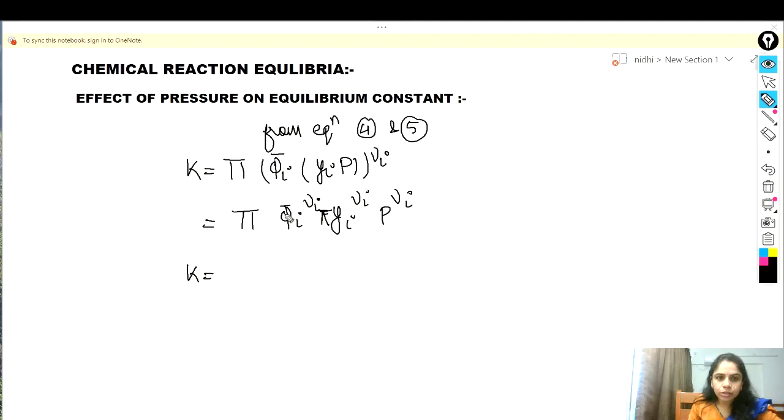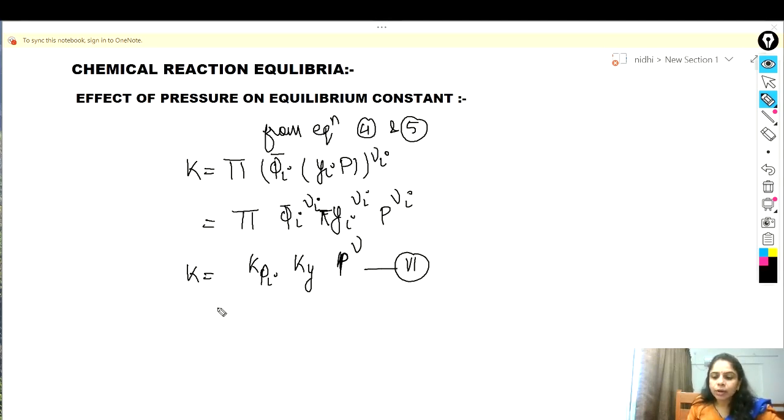Then K equals K_phi, which is in terms of the fugacity coefficient, times K_y, which is in terms of composition, times P to the power nu. Let's take this as equation number 6.